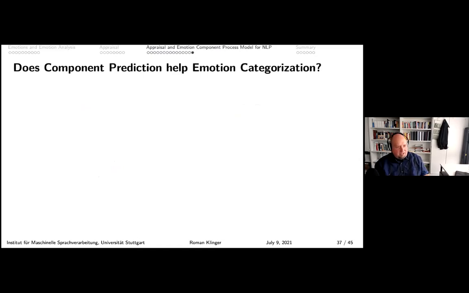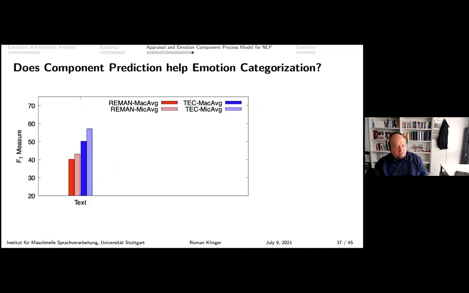So now, does this component prediction help the emotion categorization? I report for both corpora, Riemann literature and tech Twitter, macro and micro average. We see that the micro scores are higher. It's an unbalanced corpus. And this is just making use of the text.